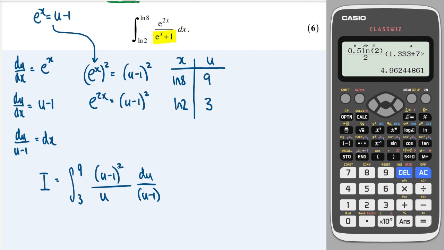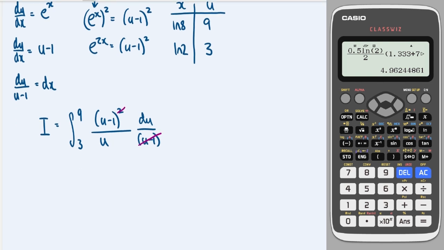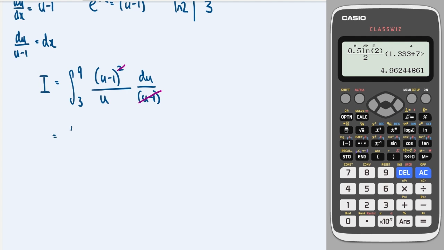Okay, great. I can cancel off a u minus 1, like so. So this becomes the integral between 9 and 3 of u minus 1 over u du. And with this I will split it up, and it will become u over u minus 1 over u. So that's the same as 1 minus 1 over u.